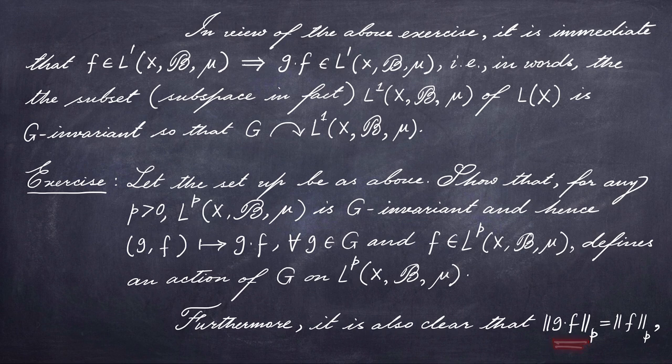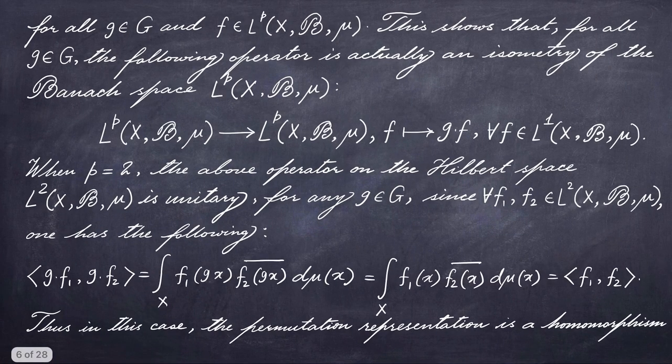Again, let me tell you that I am considering the action of G on LP for any given P. So it shows that for each g, the map that we obtain is actually an isometry because it is preserving the norm. So yes, this is easy.